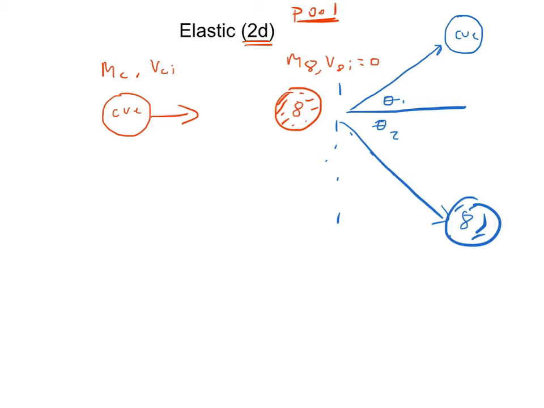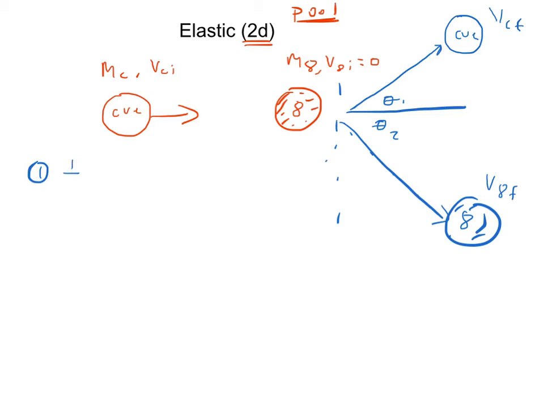So if we want to find the final velocity of the cue ball and the velocity of the 8-ball, what we can do is use some of the ideas that we have. The first one is that the kinetic energy is going to be conserved. And remember, kinetic energy is a scalar.